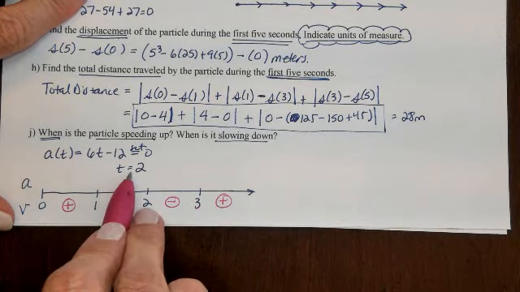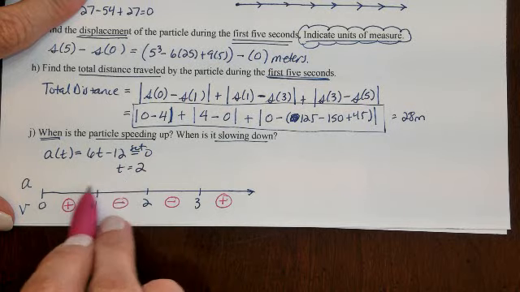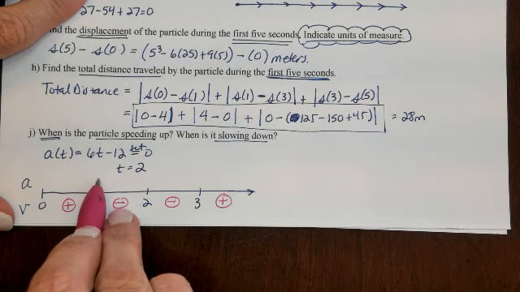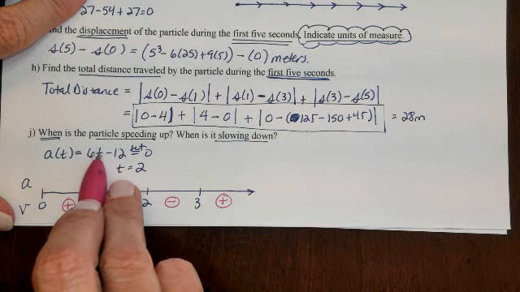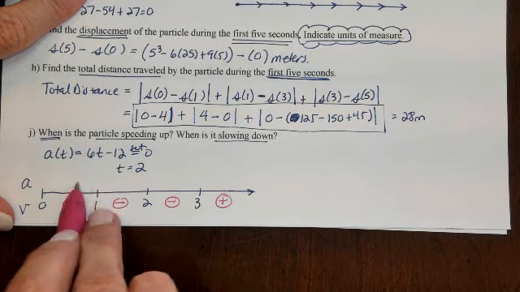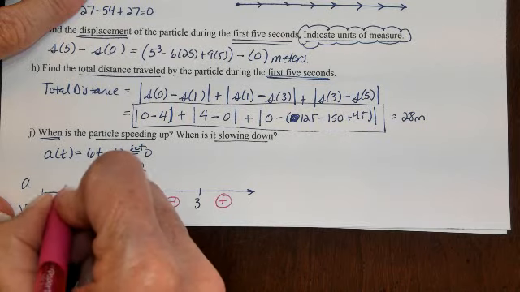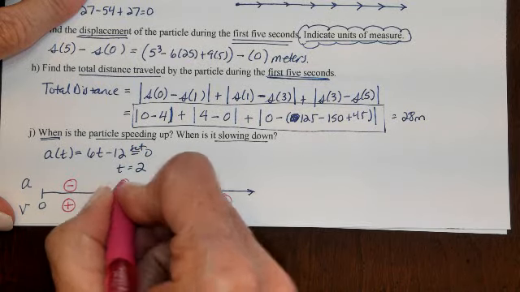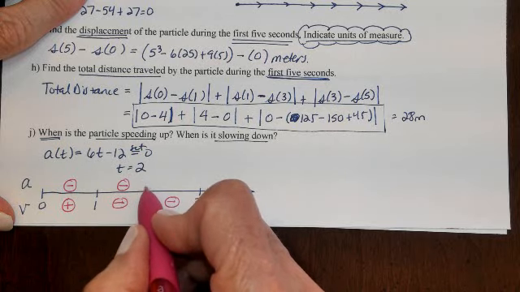Acceleration only changes signs at time 2, right? So we can put 1 in for time in for acceleration to see if acceleration is positive or negative on this stretch. So if I put 1 in there, I do get a negative. So this is negative and this is negative. The only time it changes signs is at time 2.